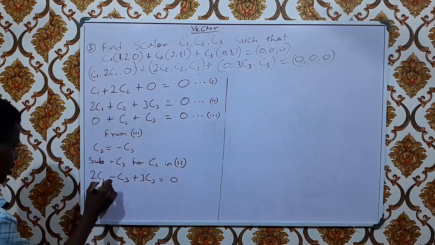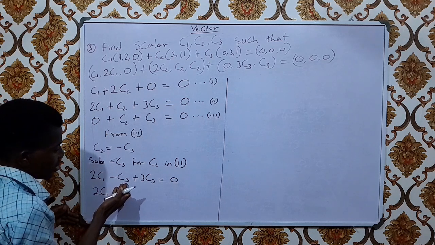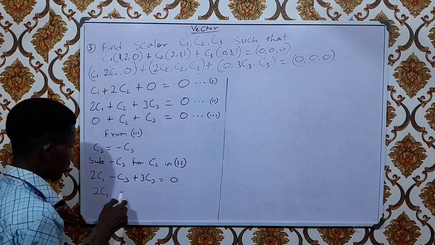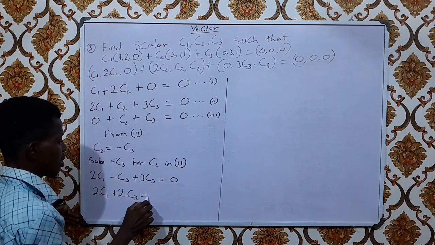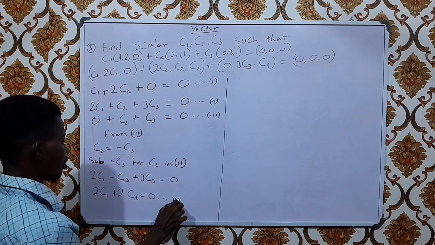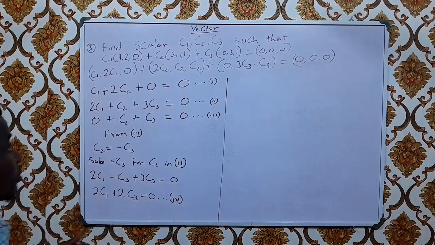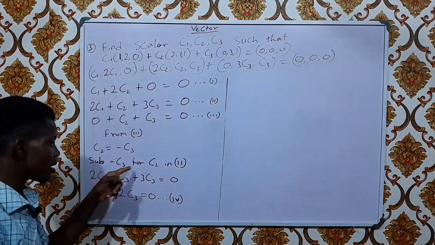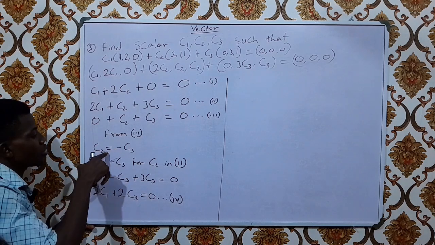We solve this. We now have 2C1 minus C3 plus 3C3 will give us plus 2C3 equals 0. We call this equation 4. That is equation IV. Since we have solved this into equation 2, we are going to put this anywhere we see C2.